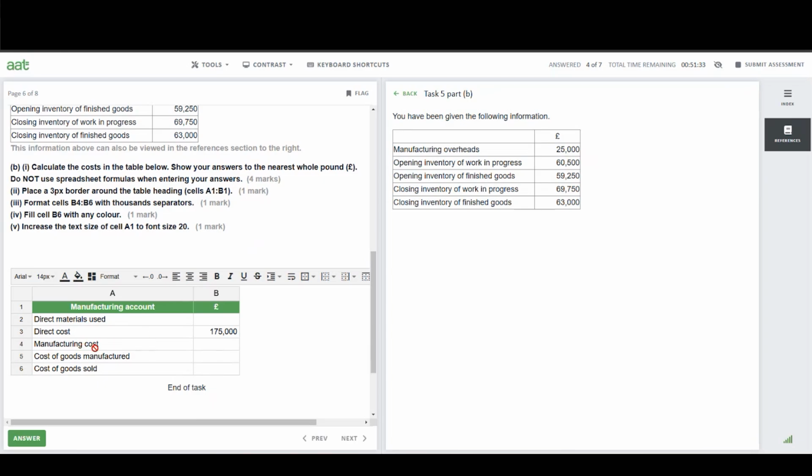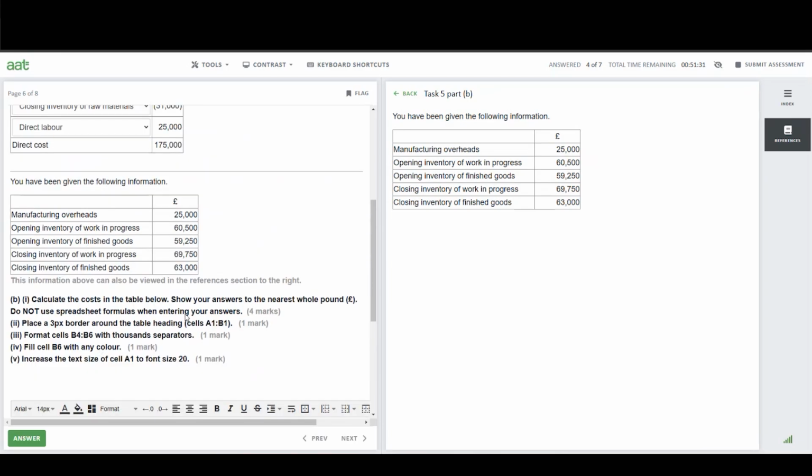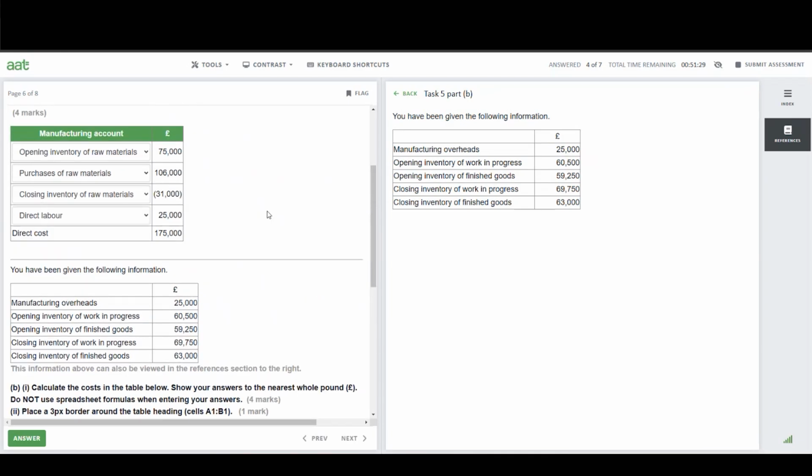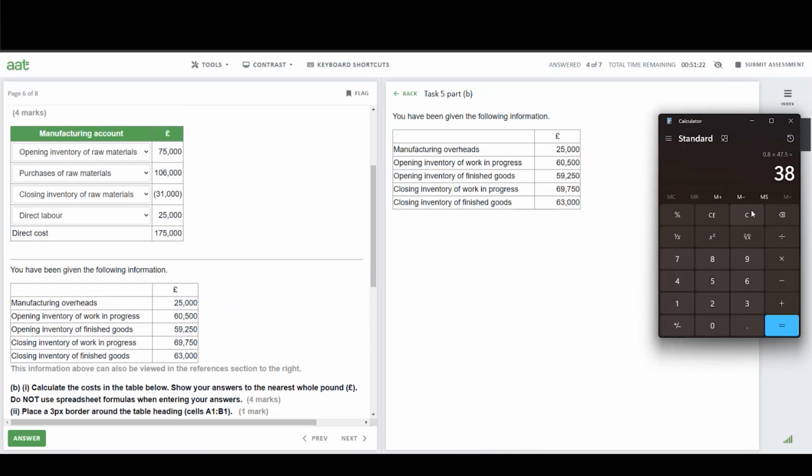Actually, when I said we calculated them, we didn't. We put them into the table, didn't we? We didn't actually calculate the total direct materials used. So let's do that now. Let's get our calculator up. So our direct material cost will consist of 75,000 opening inventory, plus our purchase of raw materials, minus the closing inventory of raw materials, because these haven't been used.